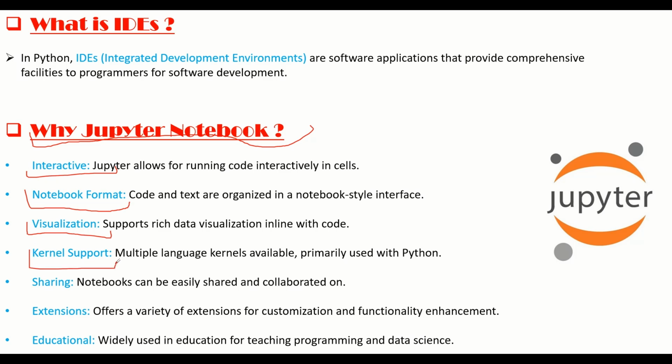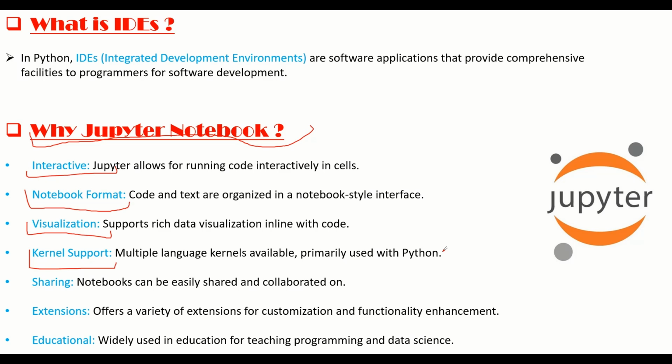So the next feature is kernel support. This is a very good feature. So why do we use Jupyter Notebook? Because of kernel support: multiple language kernels are available, primarily used with Python. Jupyter Notebooks support multiple language kernels, with Python being the most commonly used.